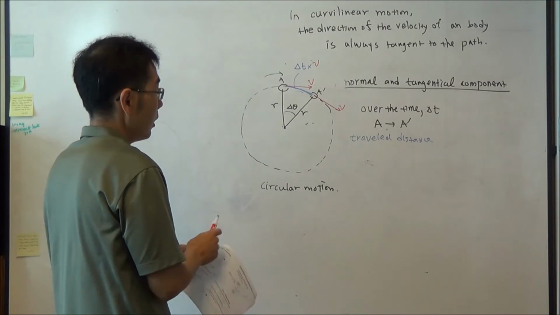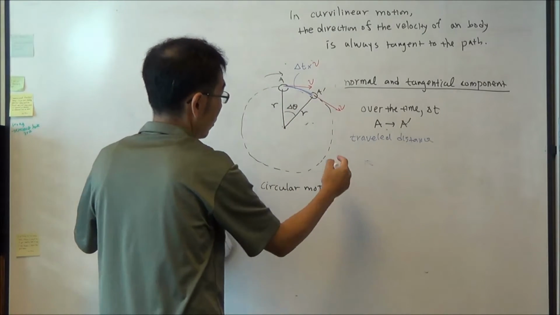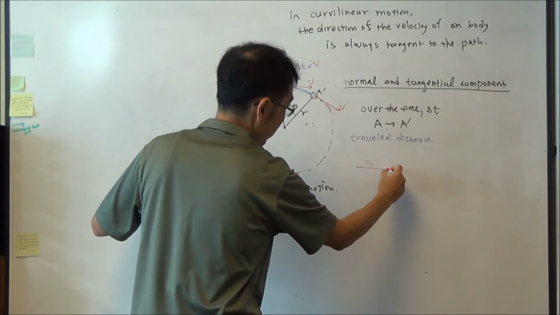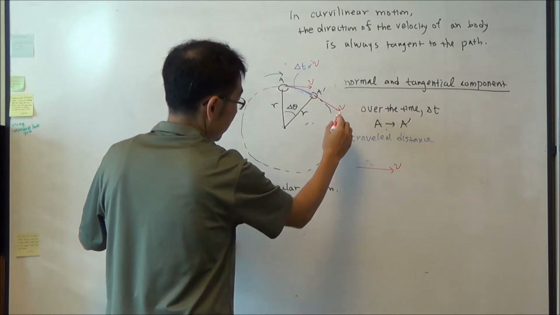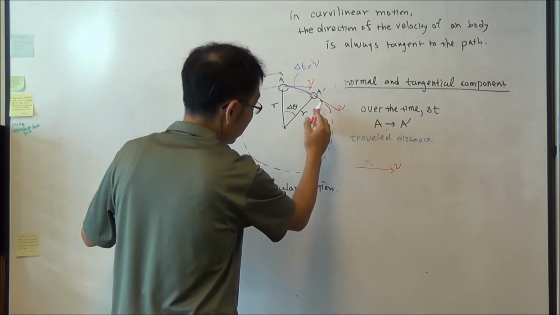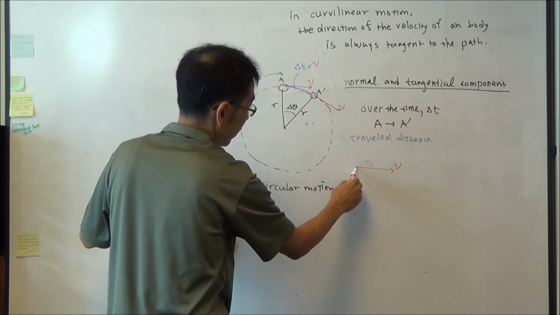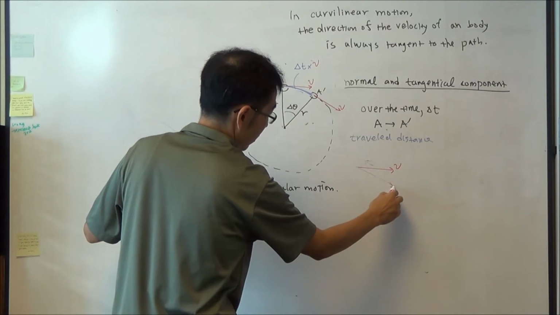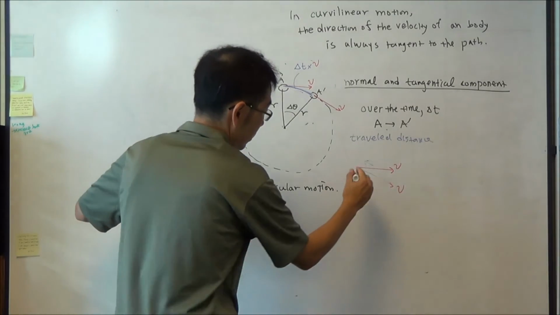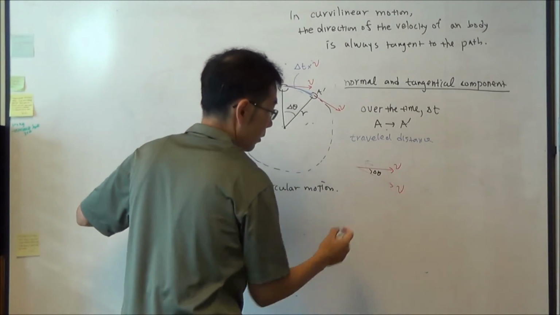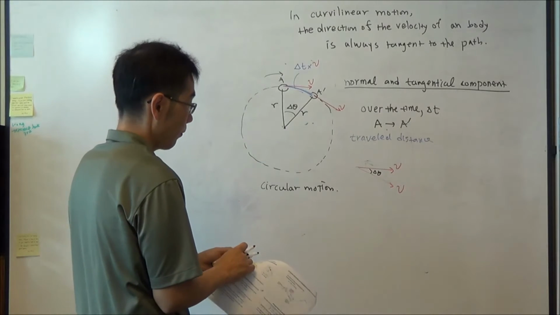Then let's look at our velocity. At position A, this is my velocity, and at position A prime, this is another velocity. So I just want to make the vector here. This is the velocity, and this is delta theta, the same as delta theta.